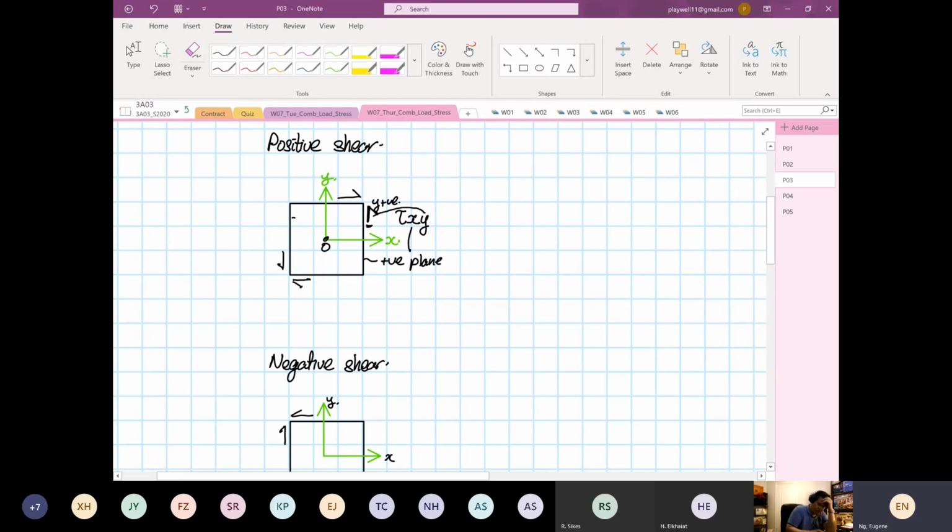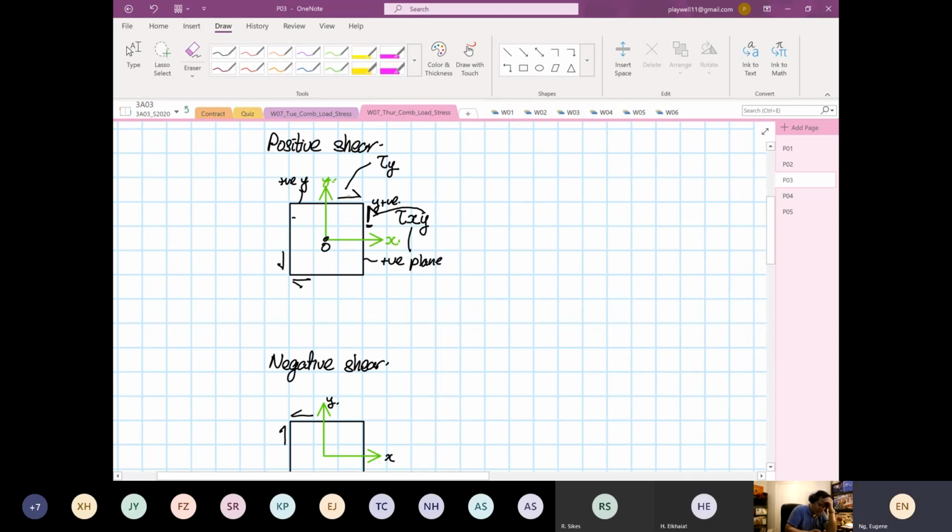Okay. So if you look at the other arrow over here, the intersecting plane is Y. So this plane is also the positive Y plane. Does that make sense?